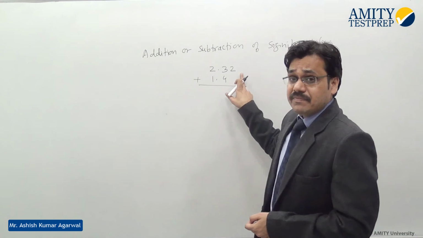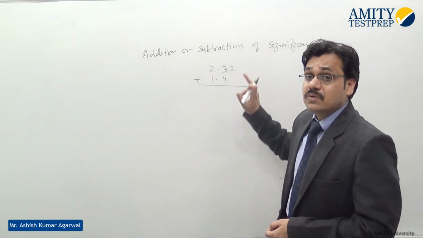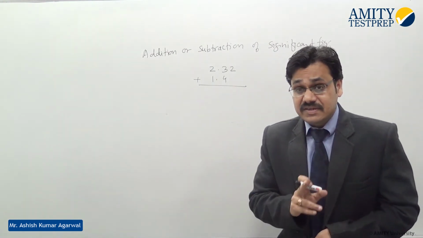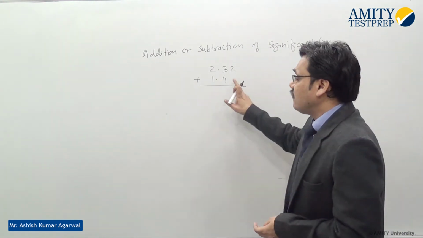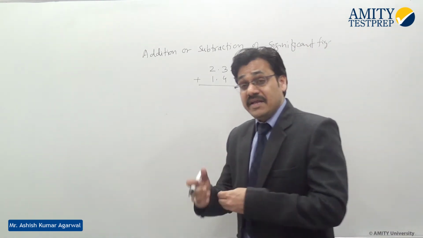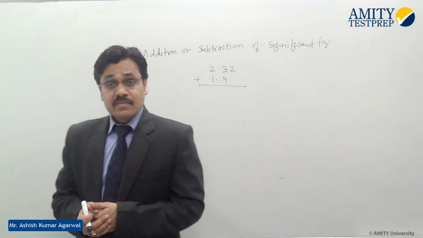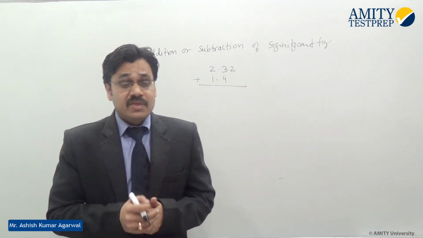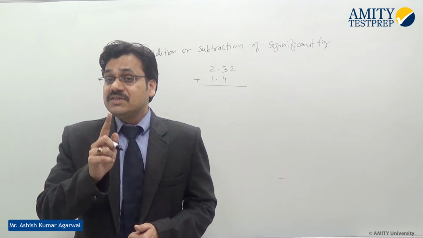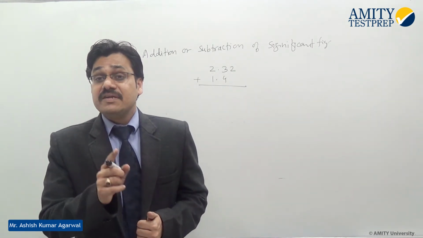In the first number, as clearly shown, there are two significant figures after the decimal, and 1 in the second number. So when adding or subtracting, the result is given with the minimum number of significant figures after the decimal.